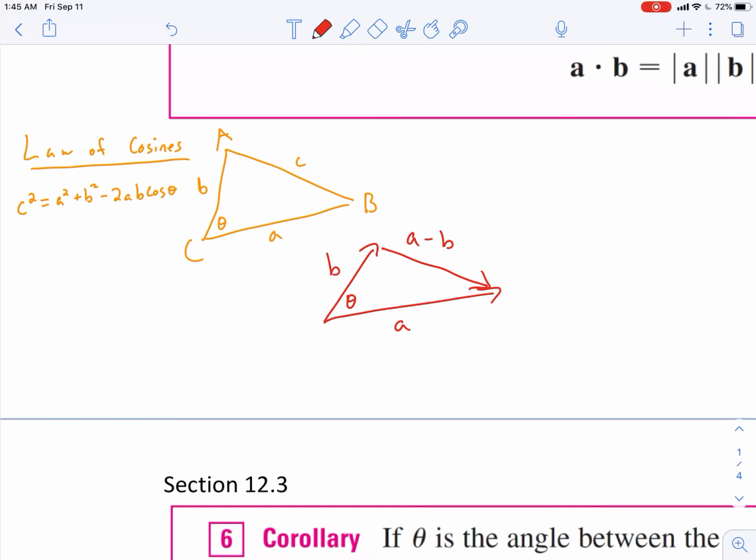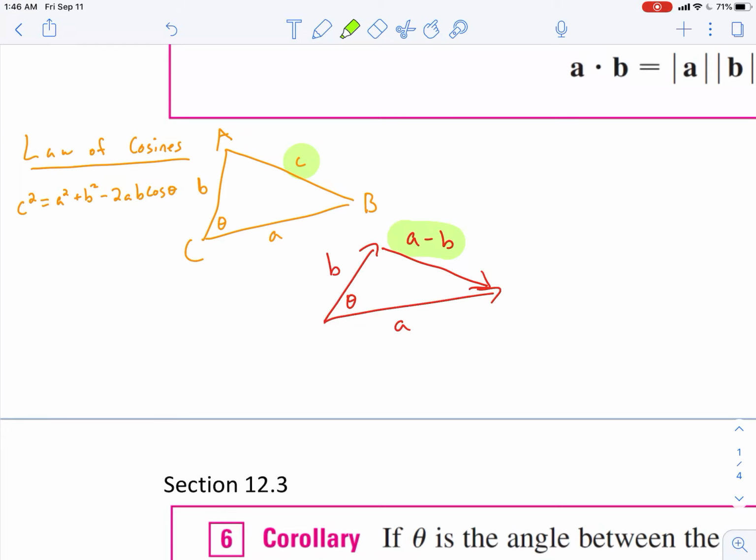And so what we're going to do is use the law of cosines, and write out our formula over here for what's in red. To find that angle theta, we can take c squared. Now notice c and a minus b, they're corresponding. c is the distance of a to b. So the vector a minus b doesn't represent the distance.